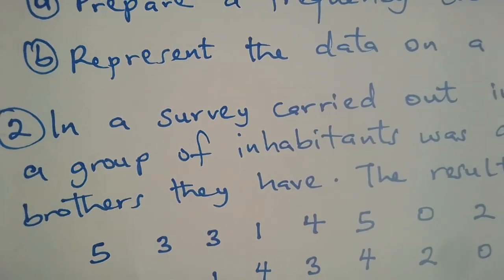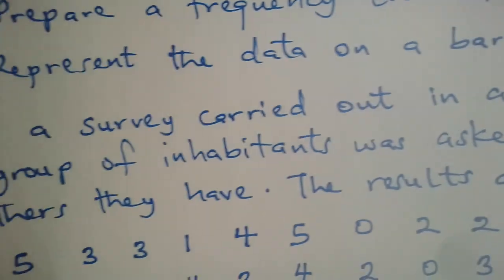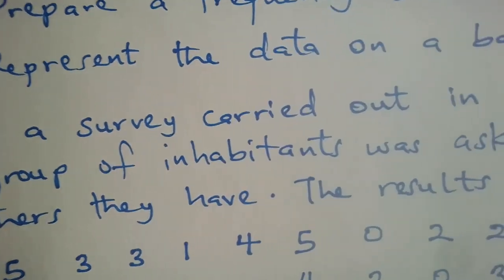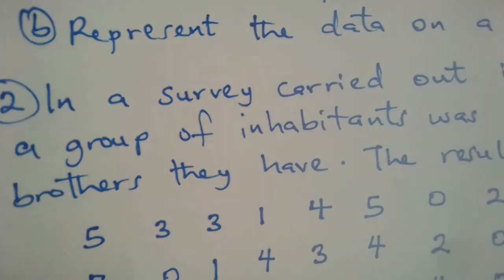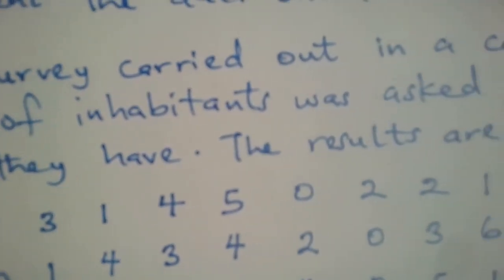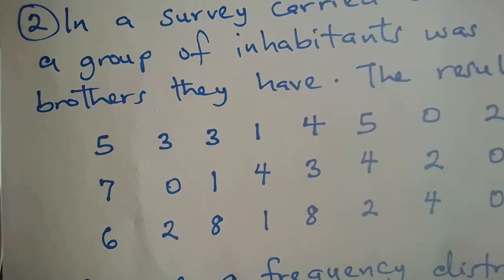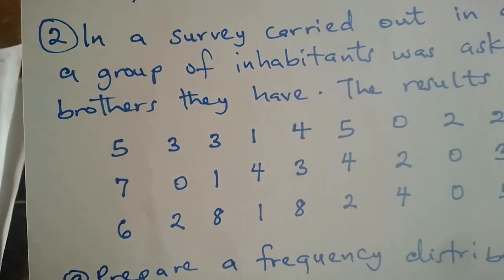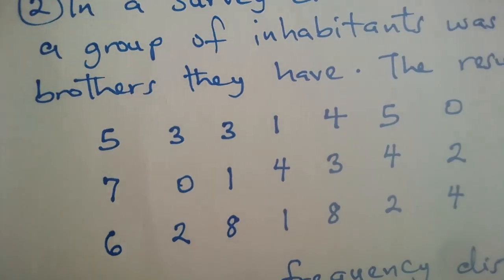Secondly, in a survey carried out in a community, a group of inhabitants were asked how many brothers they have. The results are as follows. Now these are the numbers of brothers different individuals in the community have.